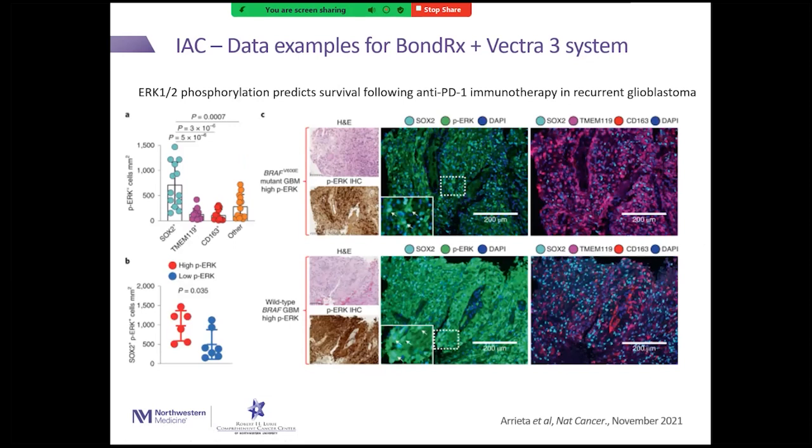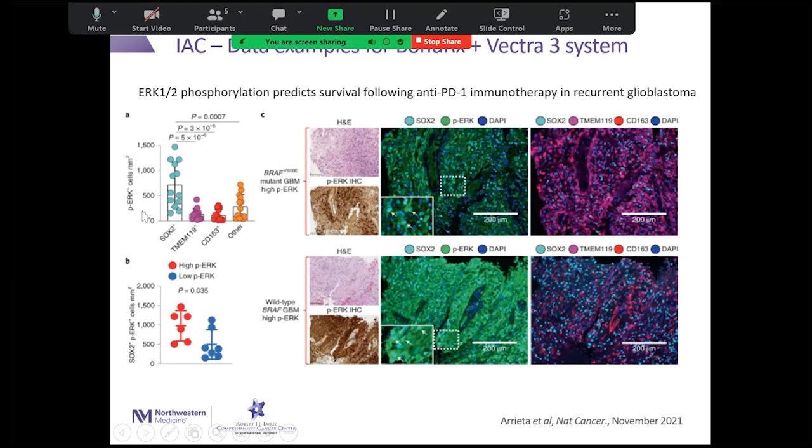This paper talks about ERK1 or 2 phosphorylation predicting survival following anti-PD-1 immunotherapy in recurrent glioblastoma. The authors found that the tumor patients which had high expression of phosphorylated ERK proteins had higher survival rate. And then they wanted to see which of the cells are producing the phosphorylated ERK proteins.